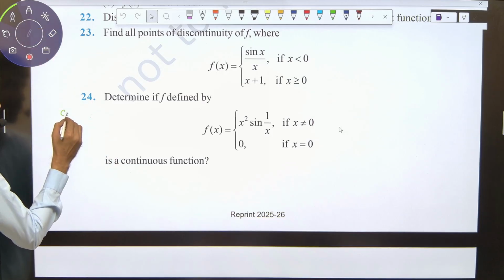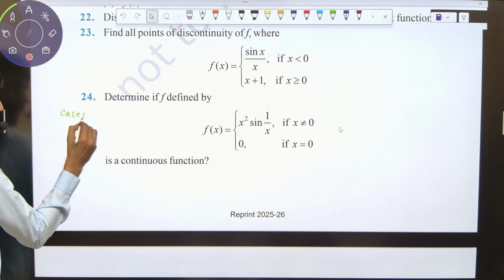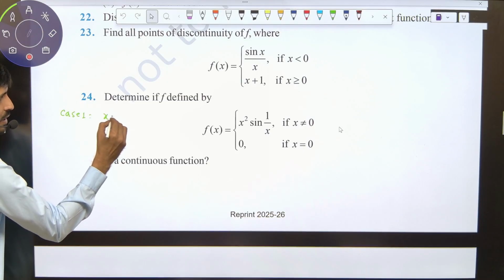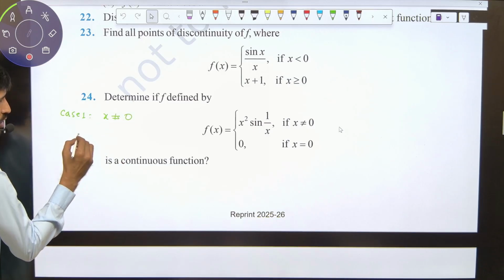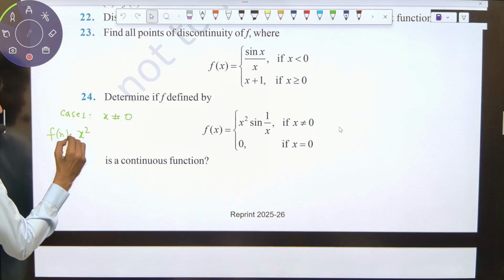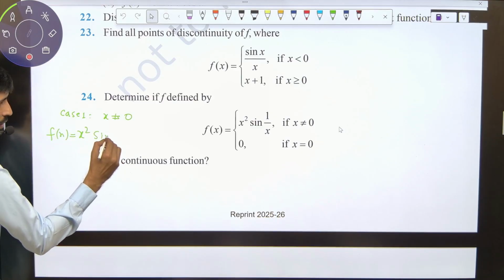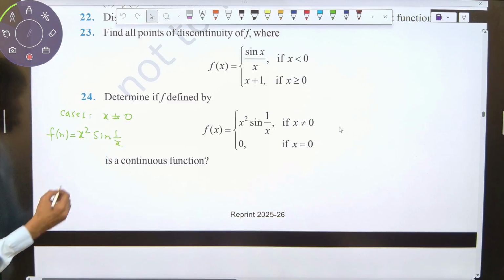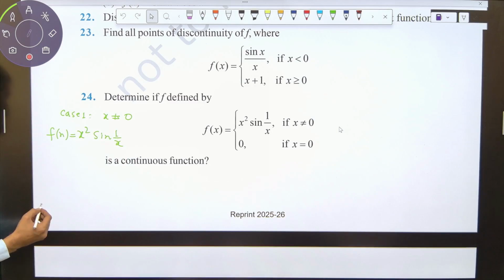Case 1, when x is not equal to 0. So f(x) becomes x squared sine 1 by x, and here you write it is a continuous function. But how will you write that?